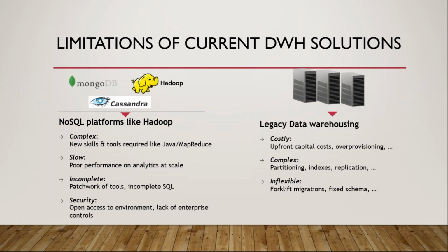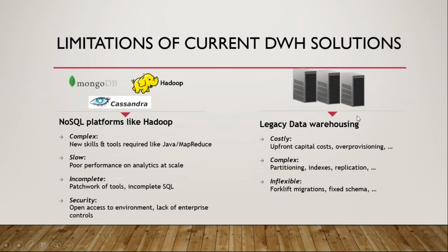Hadoop is very fast when you write, but when you try to extract, especially for OLAP, it is very slow, and it has its own limitations, and it is kind of incomplete SQL. There is a lack of enterprise controls when it comes to the security of these systems.